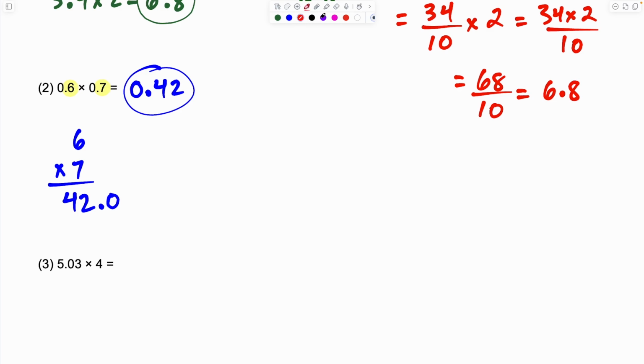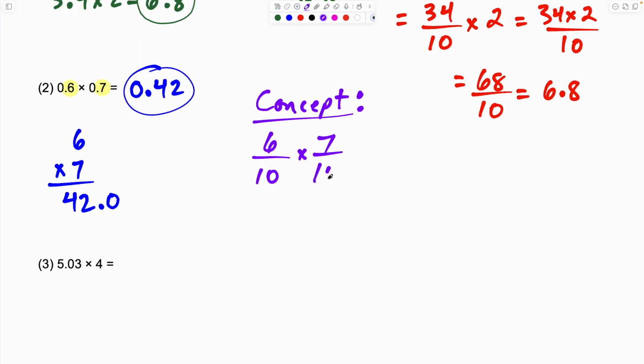Another way to see this, just to highlight the concept of what's actually happening, is that we're doing 6/10 times 7/10. We're doing 6 times 7 in the numerator over 10 times 10 in the denominator, which makes 100.